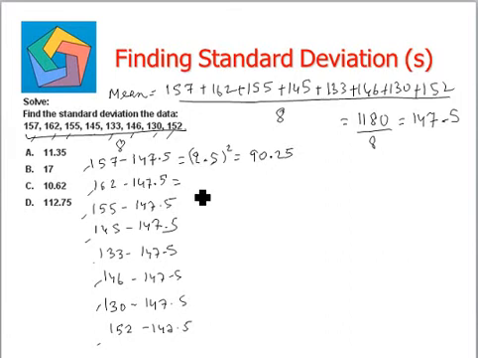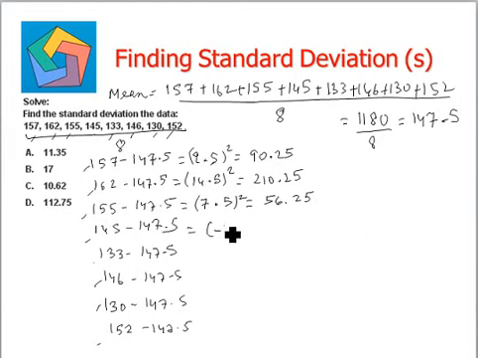The second one is 14.5 as the difference. Squaring this would give us 210.25. 155 minus 147.5 is 7.5. Squaring this would give us 56.25. 145 minus the mean will give us negative 2.5. Squaring this would give us a positive 6.25. This is again negative 14.5.